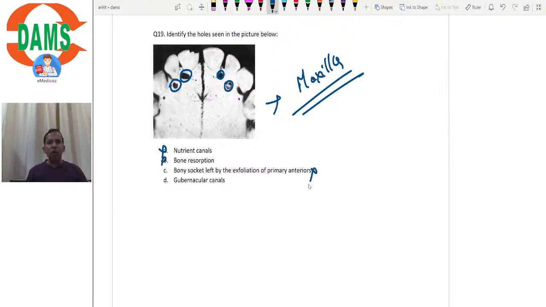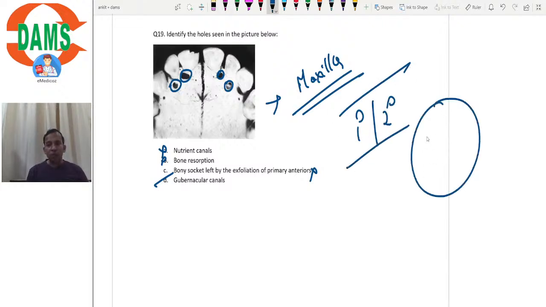So if you rule out all the options, you will get the correct answer, isn't it? And the correct answer is gubernacular canals. When we were studying the theories of tooth eruption, we studied the gubernacular canal and gubernacular theory, isn't it? Initially the primary and the permanent teeth both reside within the same bony crypt, isn't it? But as the child grows and the tooth grows, the primary tooth will move away from the permanent tooth.